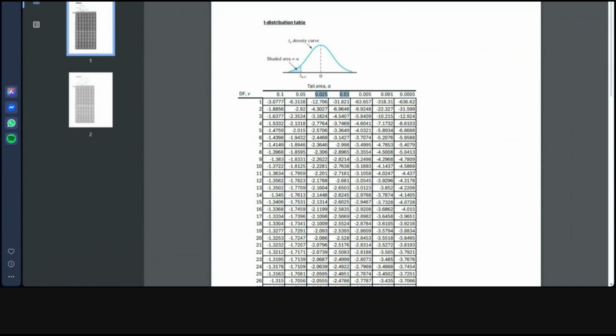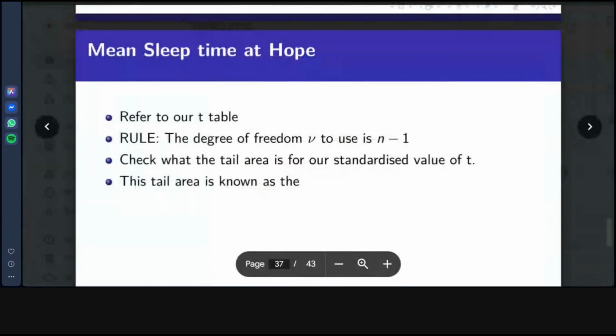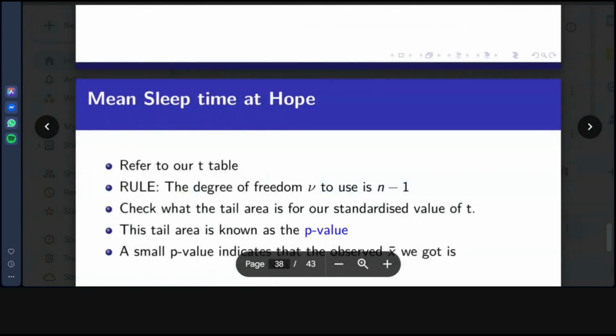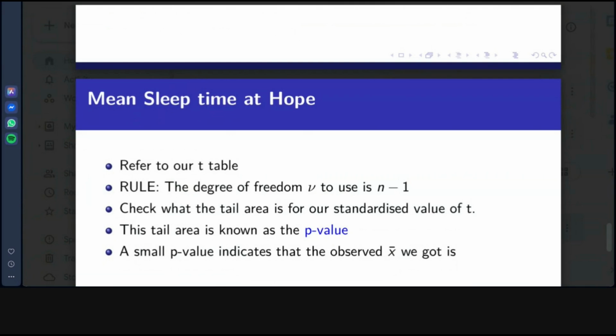Those two values are between these two areas, 0.025 and 0.01, which basically means the blue area here, when you are at minus 2.262, is something between 1% and 2.5%, right? These are quite small. It means that the tail area is quite small when the t that you observe on a standard curve is minus 2.262.